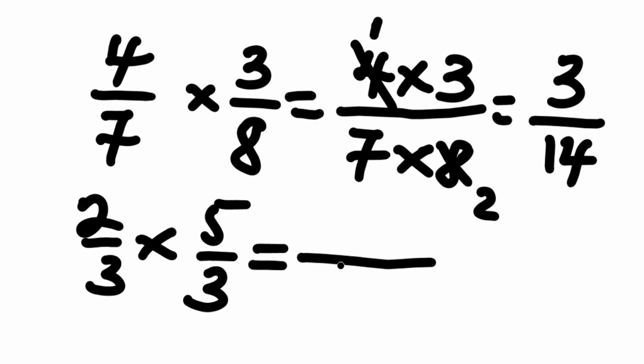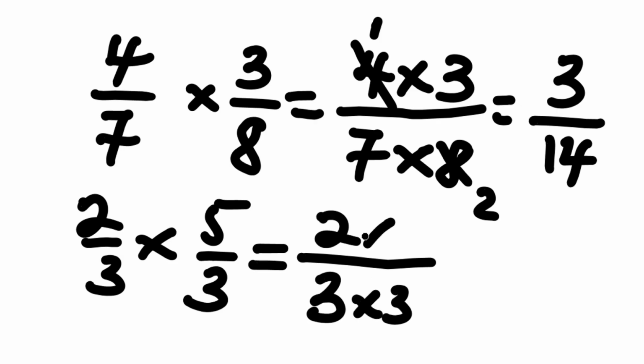Whether they are the same or not, multiply them. 3 times 3, numerators 2 by 5. But if it is addition or subtraction, that's when we check if the denominators are the same first. Not like multiplication, where you don't have to keep one.